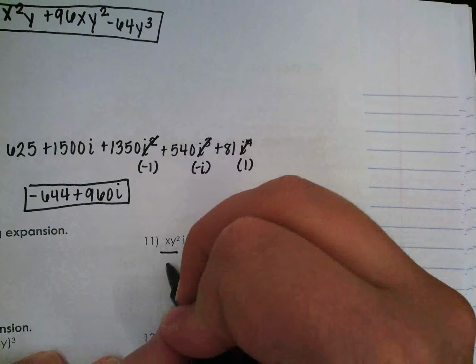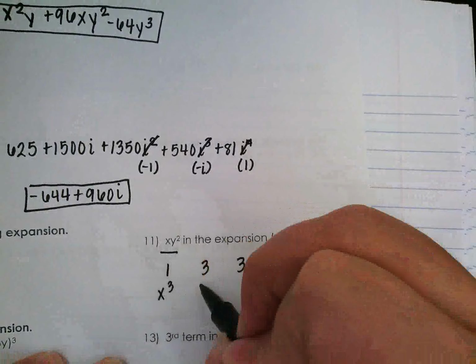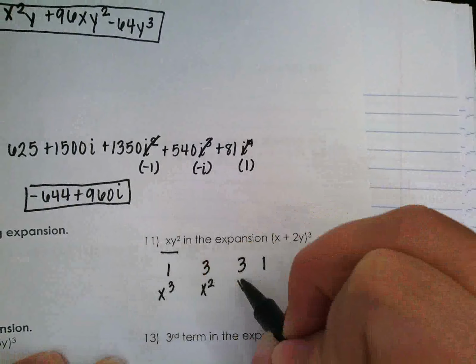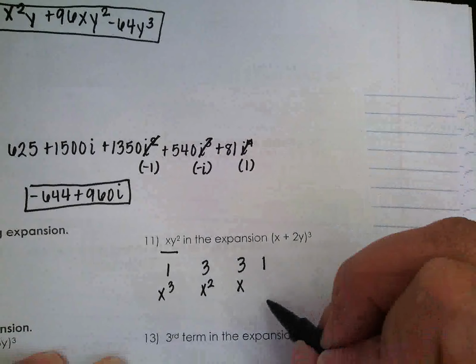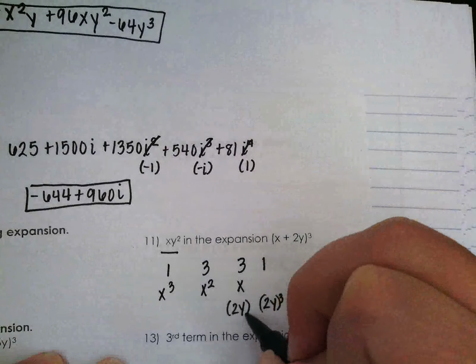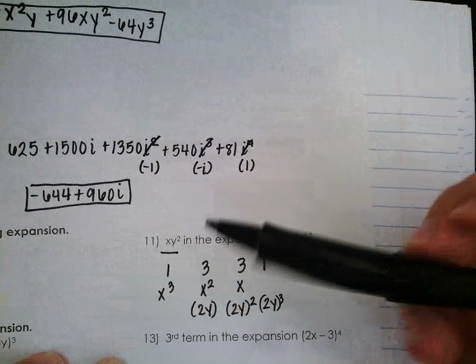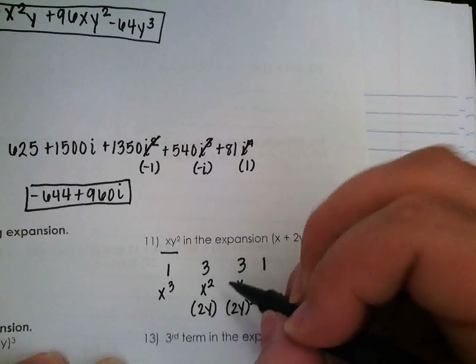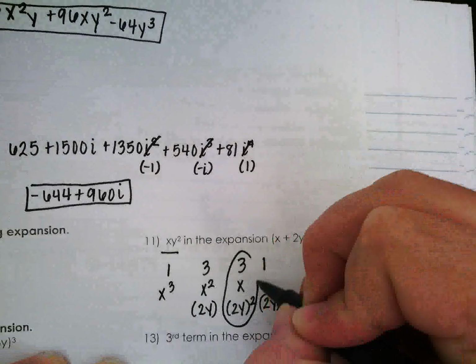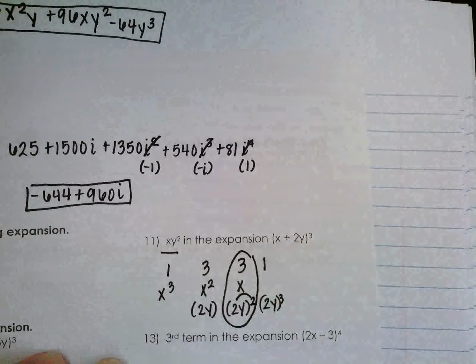So I know it's 1, 3, 3, 1, and I know it's x cubed, x squared, x, and then I know I've got 2y cubed, 2y squared, 2y. And if I look in here, I want the one that's got x and a y squared. So I'm really only interested in this term right here. So that's the only one I really need to spend my time simplifying.